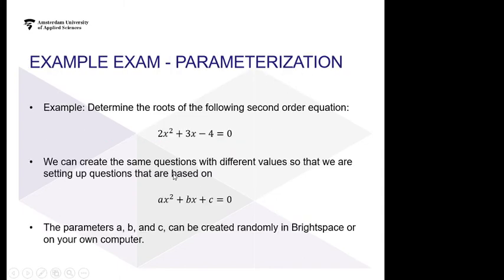One example of parameterization is a second order equation where we would like the student to provide the roots of 2x squared plus 3x minus 4 equals 0. We can create a whole family of similar questions if we take a, b, and c to be the parameters in this equation. You can create the values for a, b, and c randomly in Brightspace or on your own computer.